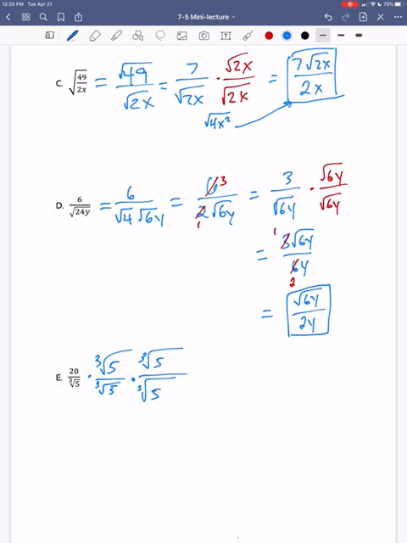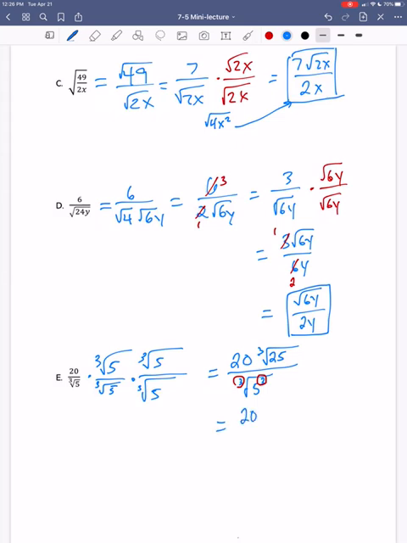One way I could write this then, I'd have 20 in the top, 5 times 5 is 25 in the top in the radical, and in the bottom here I get 5 times 5 times 5, which is 5 to the 3rd power. And as long as these exponents correspond, they cancel each other out.